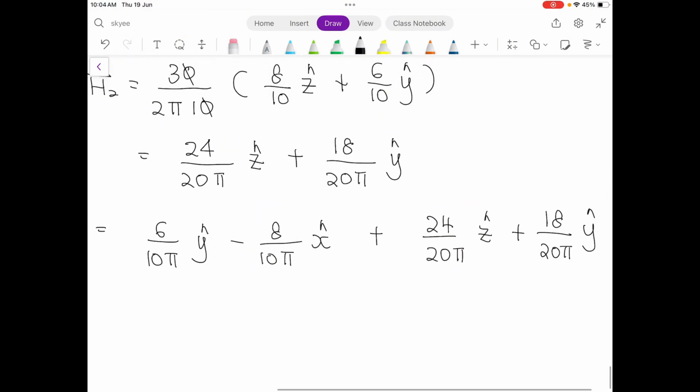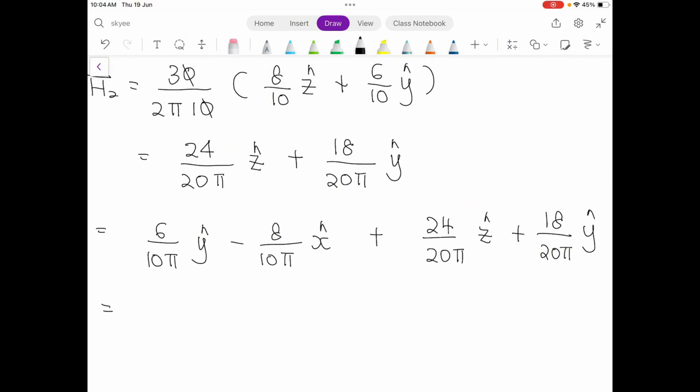You can do the addition, x with x, y with y. So 8 over 10 pi x, and for the y we have 6 over.